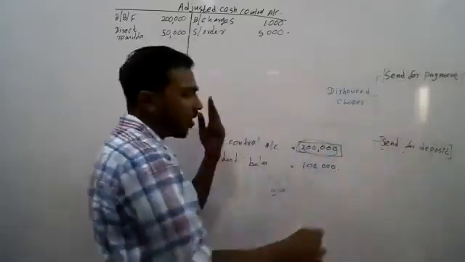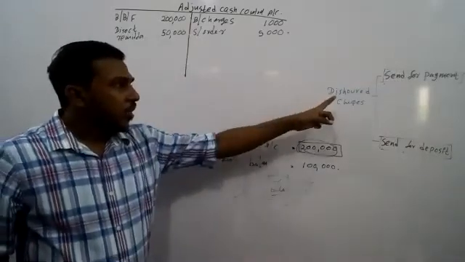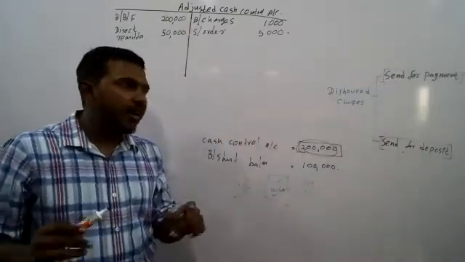The other one is a check sent for deposit. Clear? So both these checks could be dishonored.